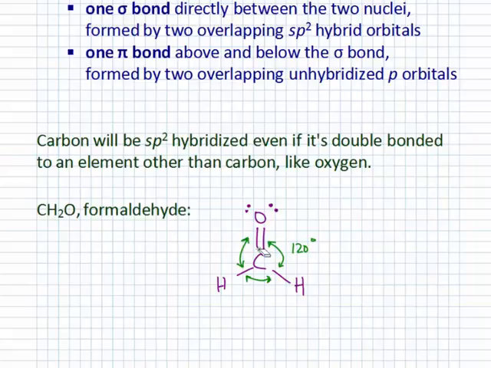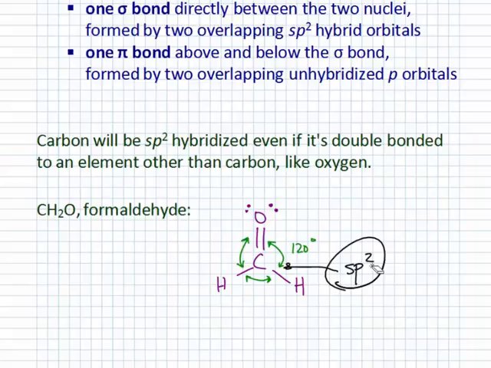They're not identical bonds, so they won't all be exactly 120, but they'll be very close. This carbon will be sp2 hybridized. We can tell it's sp2 hybridized because that's what makes that 120-degree bond angle, and carbon will bond with 3 atoms when it is sp2 hybridized.